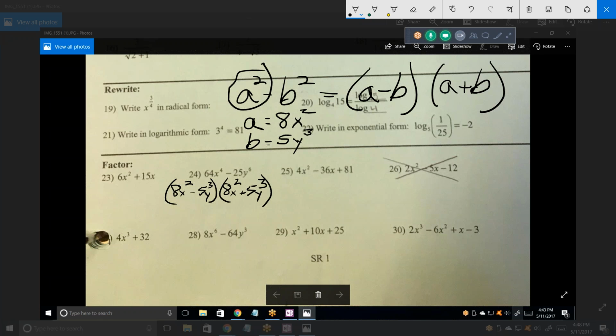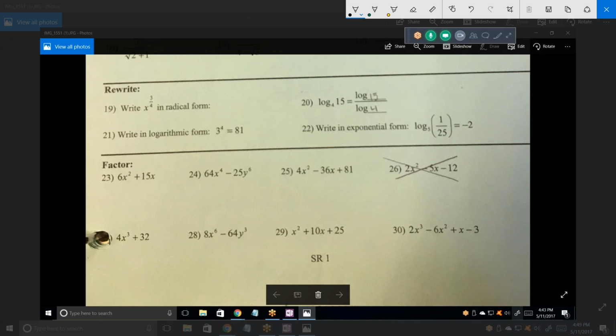I can't really do anything with that. I can't keep factoring. Sometimes you can keep going if it's the right numbers. In other words, if one of these ended up being another difference of perfect squares, you could keep factoring it. But it's not. Neither one of them has a greatest common factor, nor is either one of them a difference of perfect squares. So we can't do much more with that.